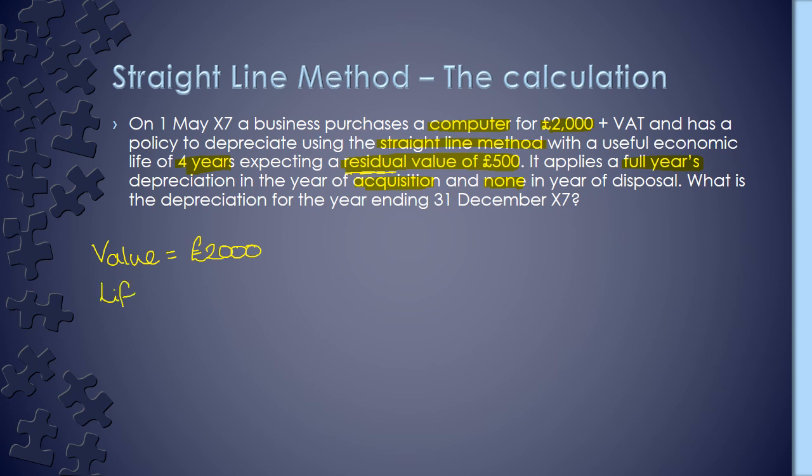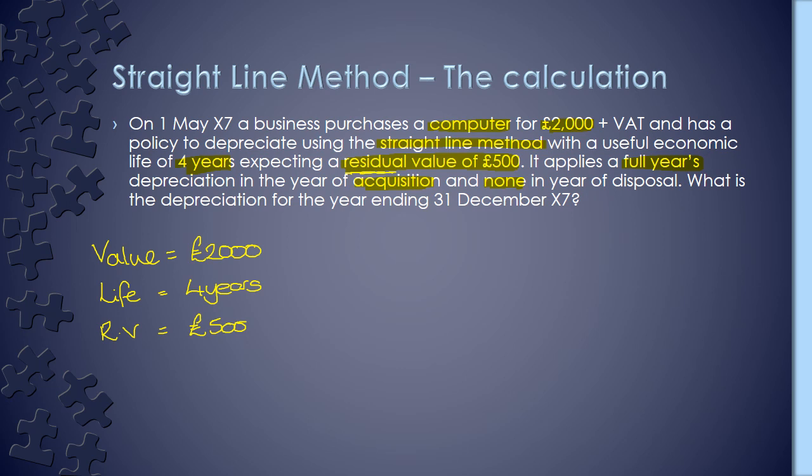The life is going to be 4 years. That's our useful economic life. But we've also been given a residual value at the end of that time of £500. So when we've fully depreciated this asset, we want to have a value of £500 left.